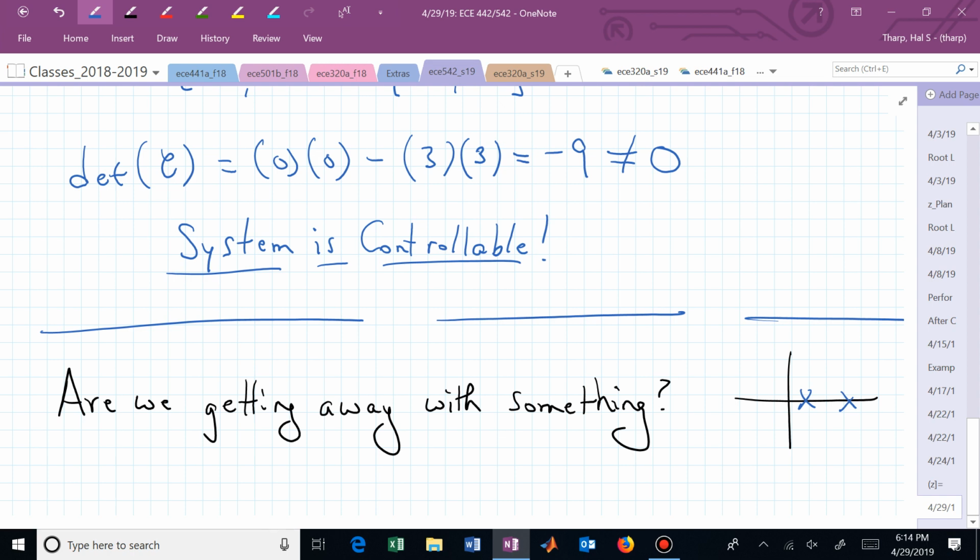Let's just say that maybe 1 is right here. Is this system open loop stable with, let's say, output feedback? No. Can it be stabilized with constant output feedback?